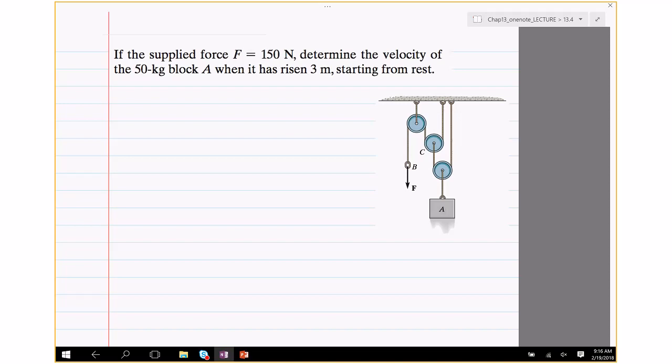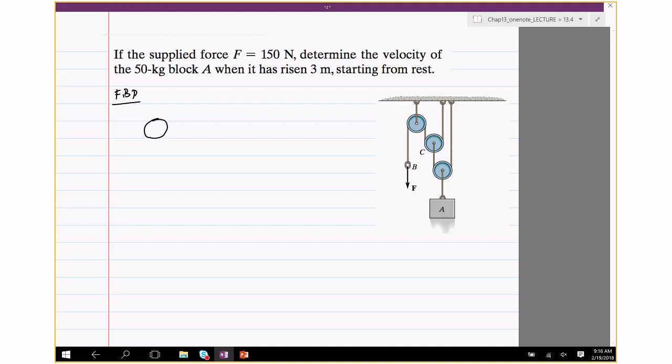Okay, so let's draw free body diagrams. There are 3 pulleys, so I'll draw at least 3 free body diagrams. Let's start with the first pulley. Let's give it a name.